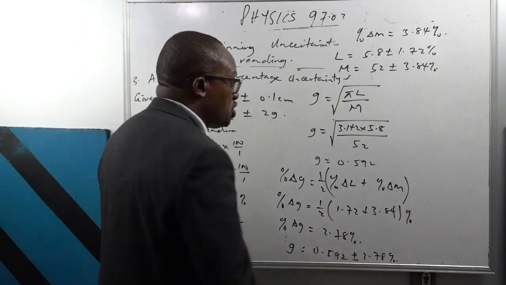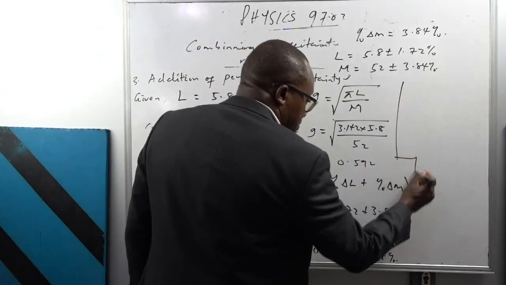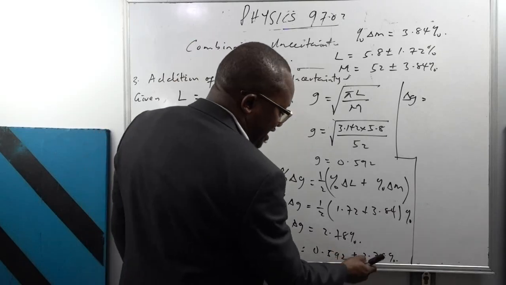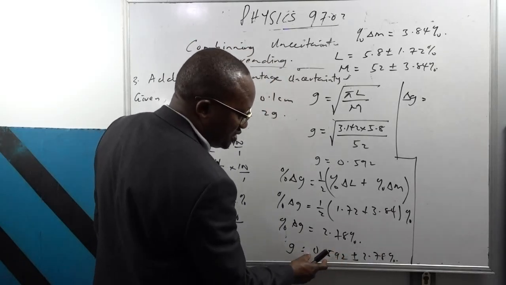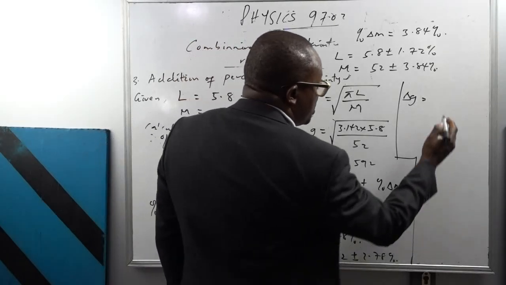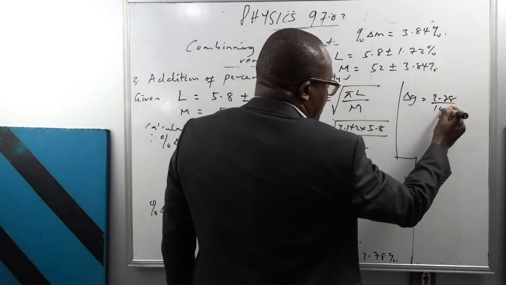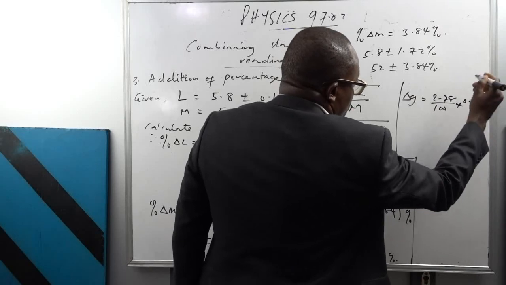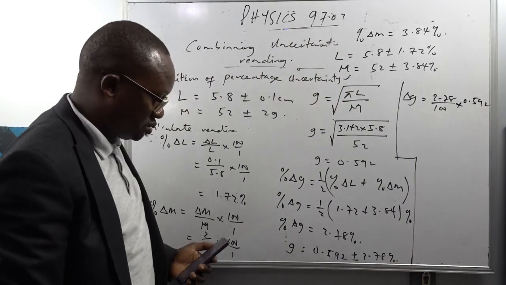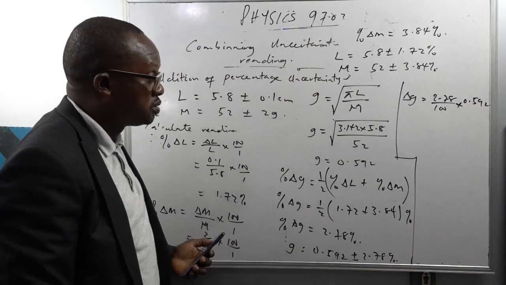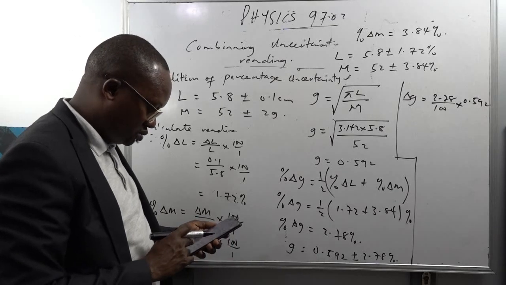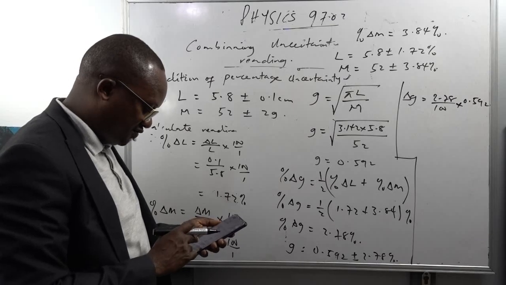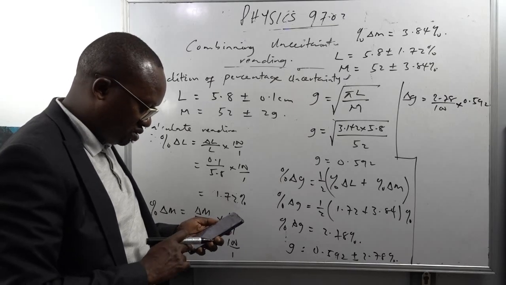So the absolute uncertainty of G will now be what? The percentage uncertainty of G multiplied by the actual reading of G, which will be 2.78% of 0.592, times 0.592.